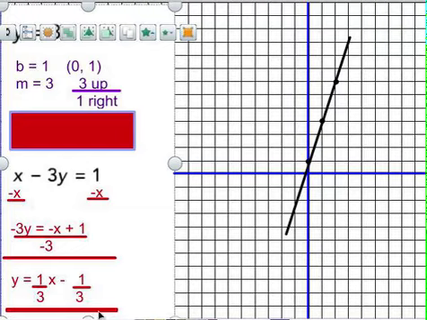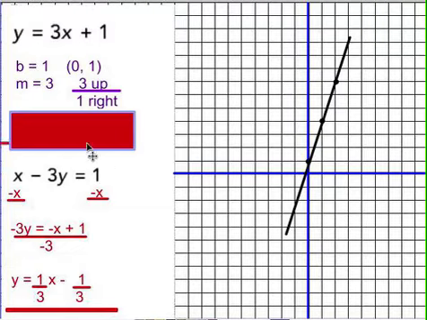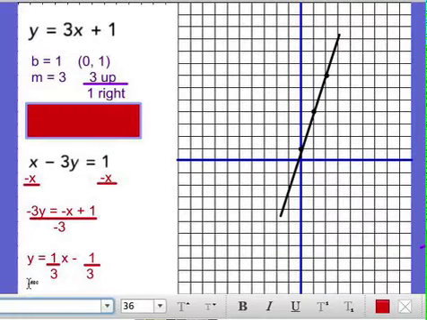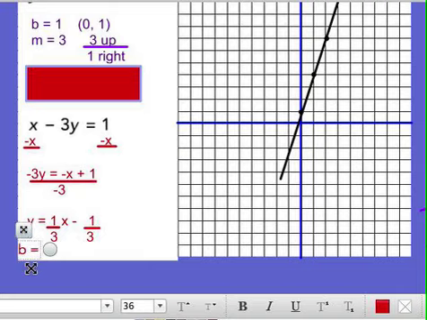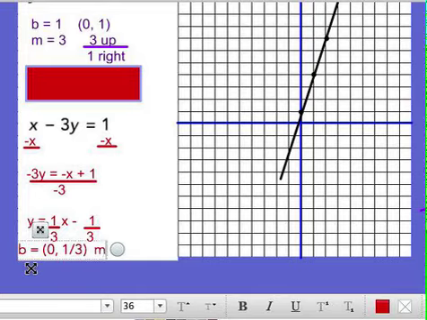So now we have to graph this. Because these are fractions, our points are going to be estimates. Okay? So our b is going to be (0, negative 1/3).